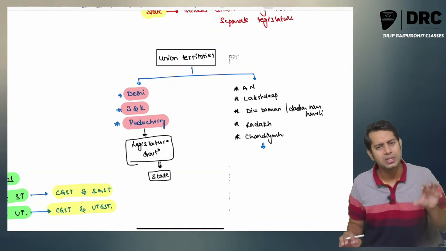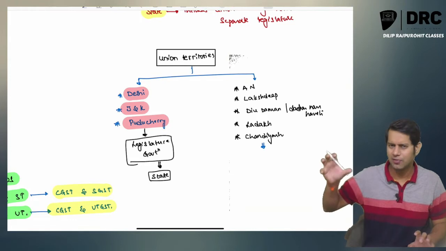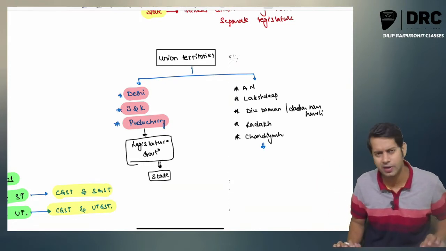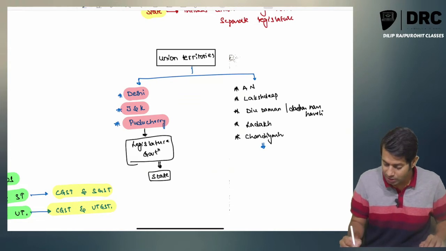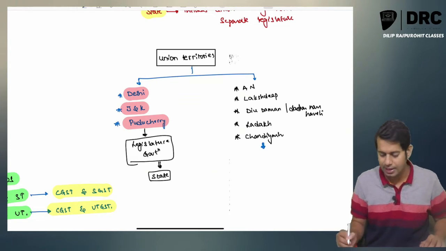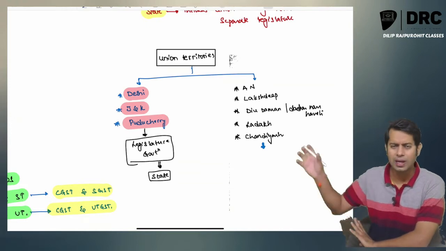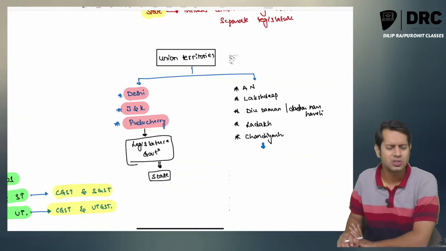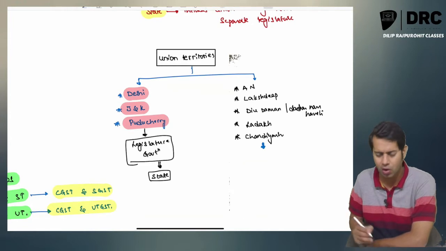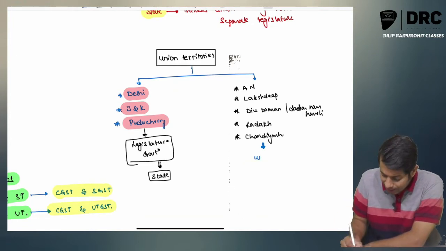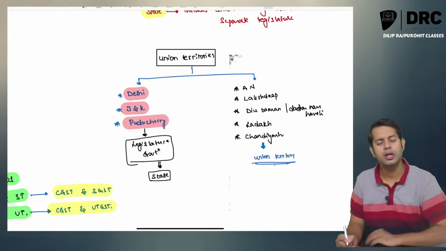Normally, the President of India appoints a Lieutenant Governor over there, who takes care of various activities. They are not regarded as state. They will be regarded as union territory only.